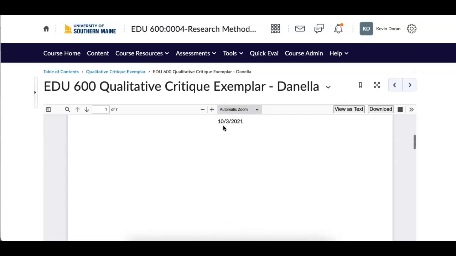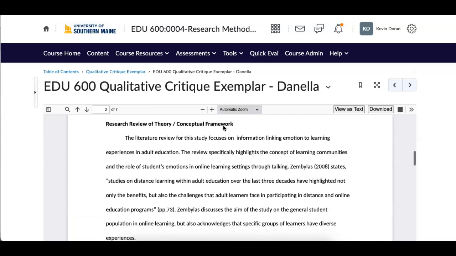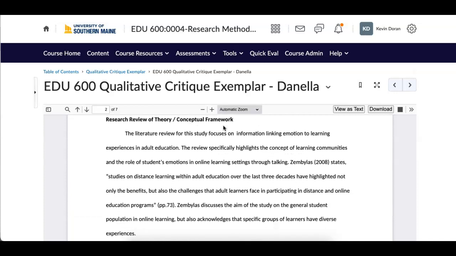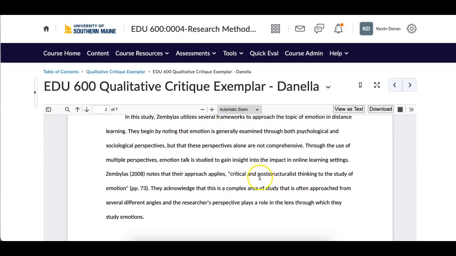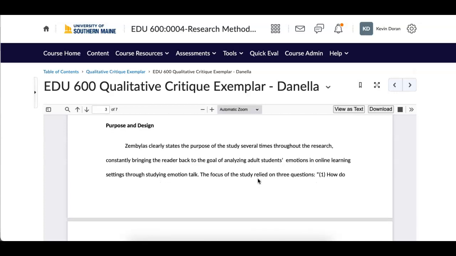This is her attempt at it. You can see this was done back in 2021. Take a look at how she did it. She used the titles, and you can use this as a guide. Once again, I'd rather you not copy and paste or plagiarize her in any way. That's a no-no. So you have an exemplar.